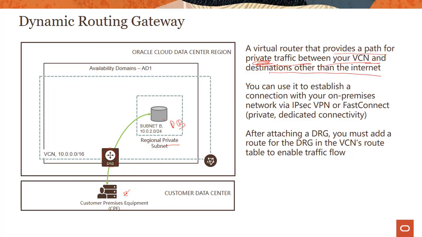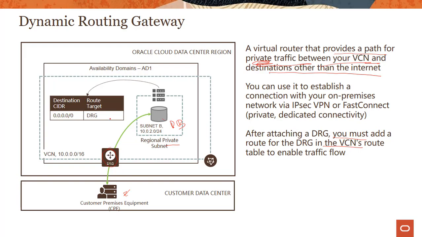We have been seeing this earlier. You create the DRG and attach it to the VCN. You have to add a rule here, and the rule is very similar to what we had been discussing earlier. All the packets destined for any IP address have to go through the DRG for this particular subnet, so you're basically sending all the traffic through the DRG.